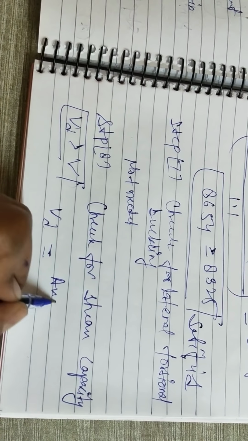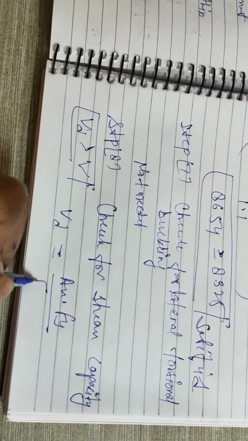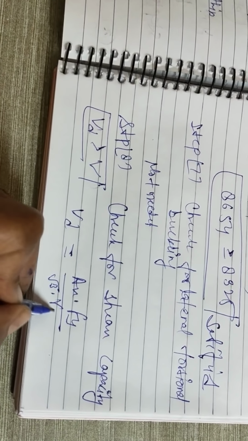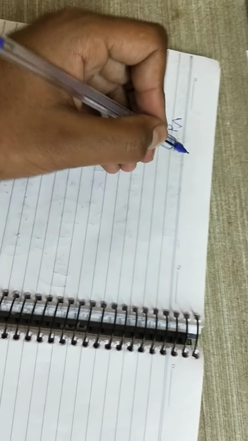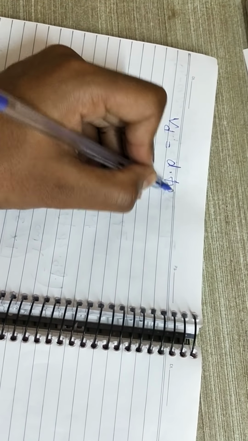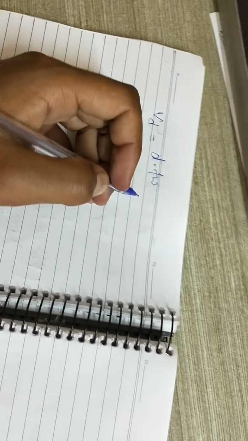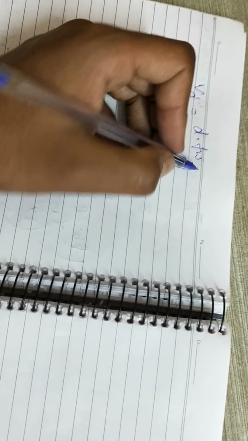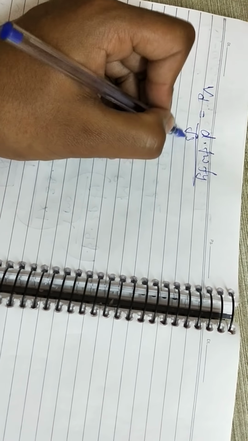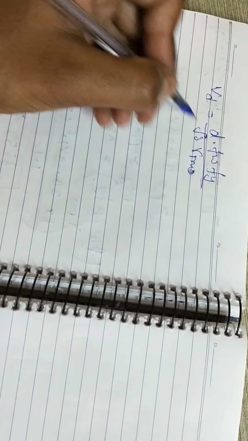Then Vd equals Av into Fy upon root 3 gamma m0. Then Vd we have to find out what is Av. Av equals D into tw. This is not Av, this is Aw, area of web plate. D into tw into Fy upon root 3 gamma m0.